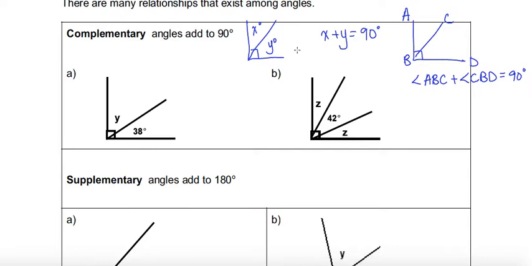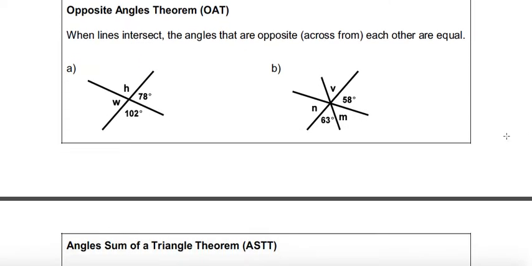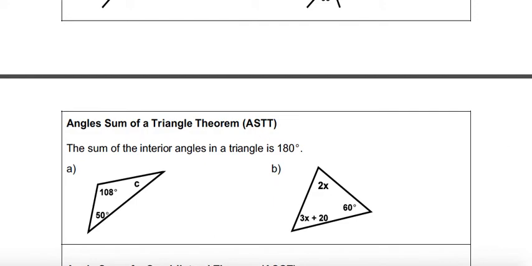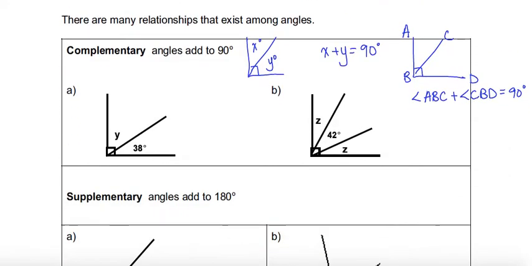So let's take that information and solve for these missing angles. If I want to find the value of y, I know that y plus 38 is equal to 90. So then this becomes an algebra question. I need to move over my 38, and right now it's being added, so I'm going to subtract it.